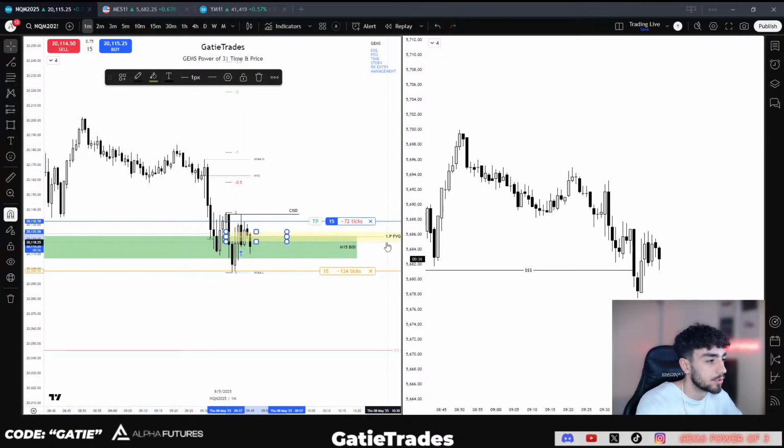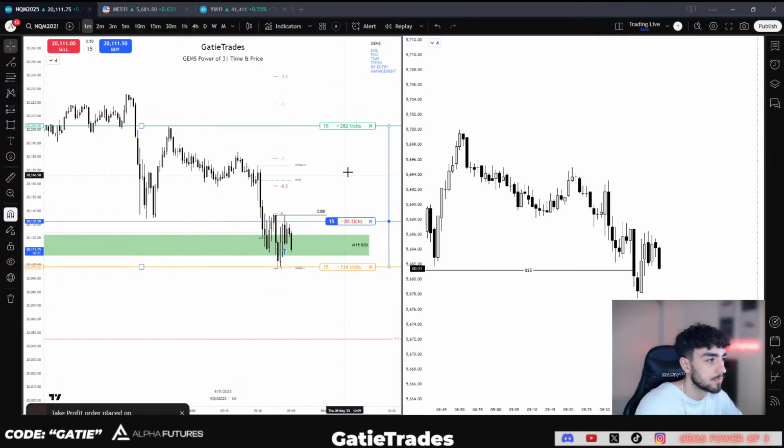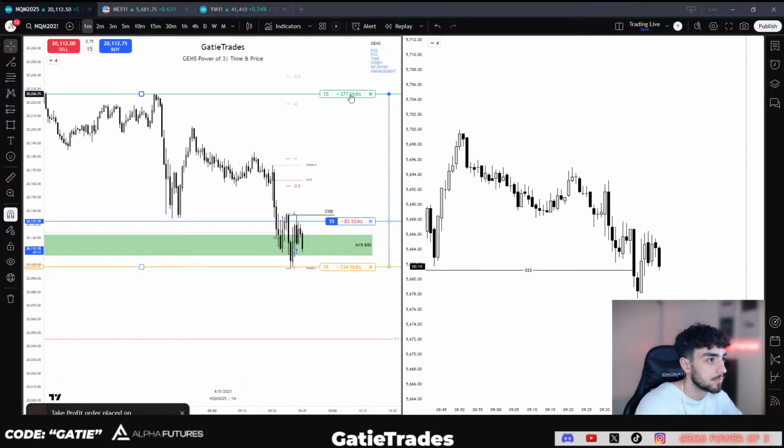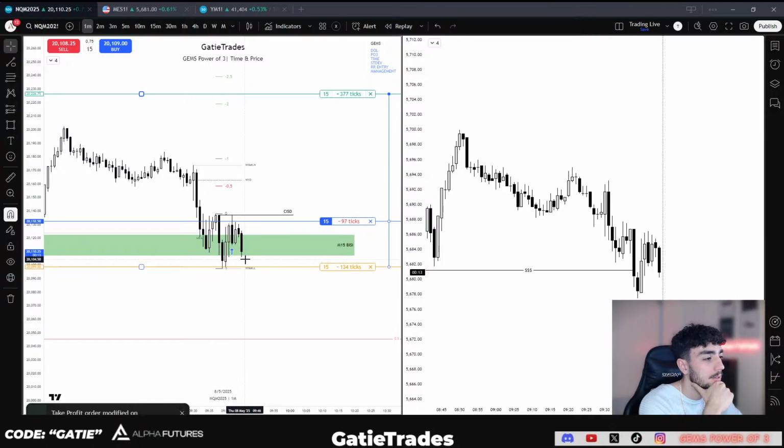Downside, the 15-minute bullish. Still below London lows. Trading to the low of the 15-minute bullish. So if we don't get a reaction now, we may hit our stop loss.